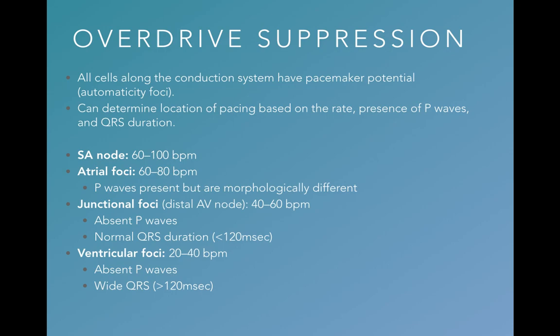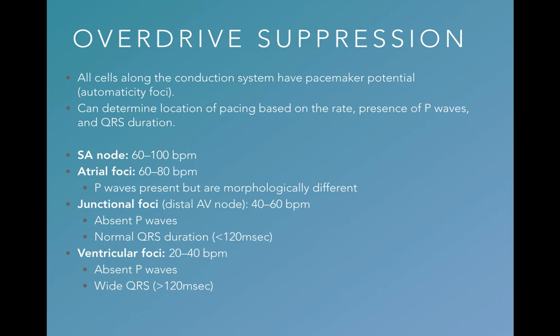And ventricular foci, meaning that you have cardiac pacing from somewhere in the ventricle, that is going to be 20 to 40 beats per minute. Now you're not going to see P waves, again for the same reasons I said, but now you're going to see a wide QRS, and this is because the conduction system in the ventricles is slower than it is in the atria.